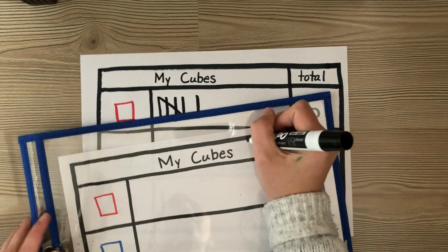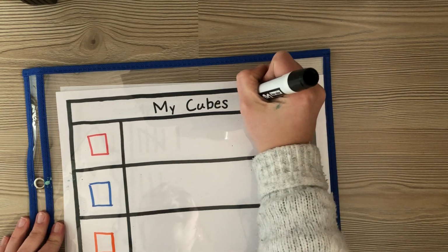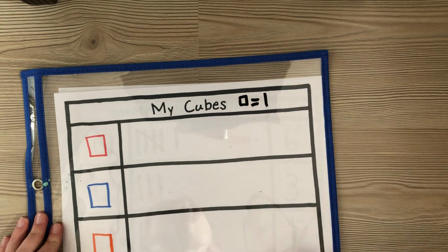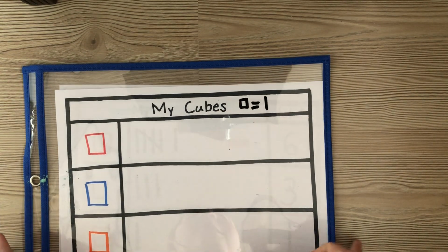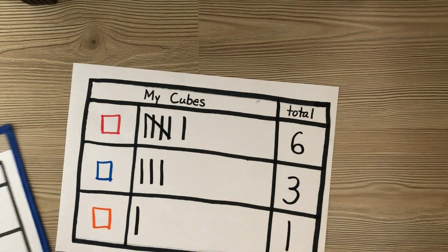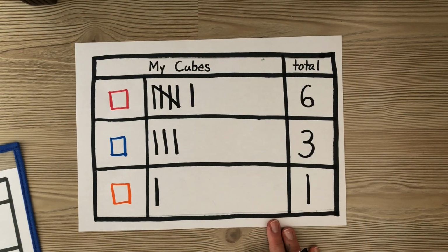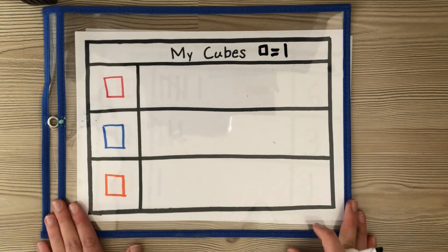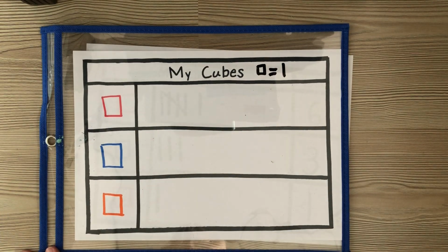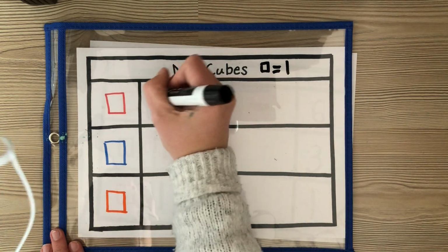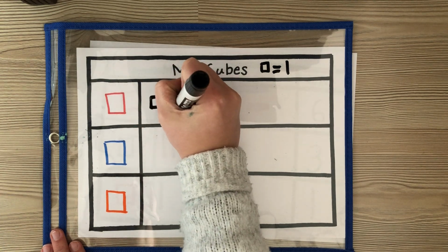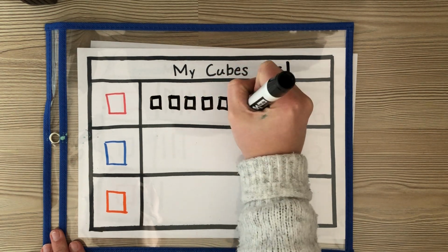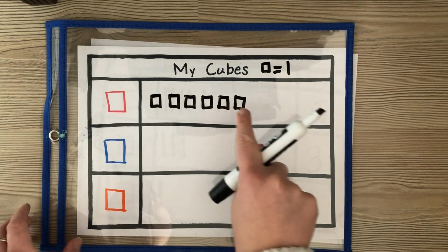So, since we are talking about cubes, I'm going to say that 1 picture equals 1 cube. That is what my pictures will mean. All right, so if I had 6 red cubes, how many pictures do I need to draw by my red cubes? I need to draw 6. 1, 2, 3, 4, 5, 6.